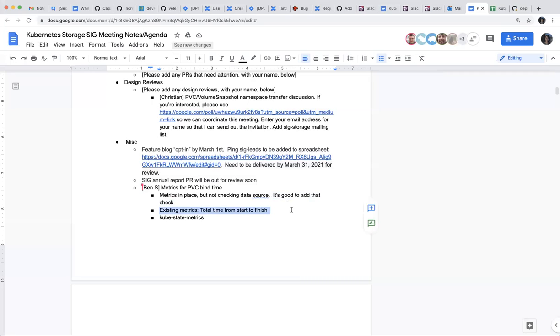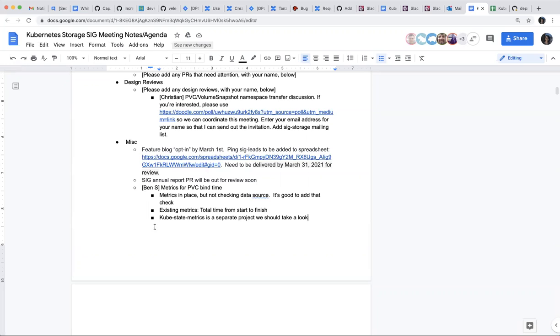I think the total metrics that we have right now have a couple of cons to them. So that's why I potentially suggest we should look at kube state metrics too. But I think we should definitely look at all of it. The kube state metrics will also be slightly inaccurate if we do it that way, by watching resources and when their state changes.